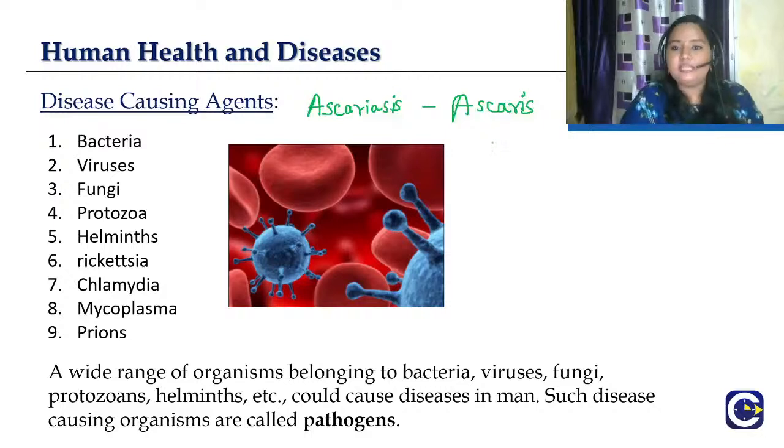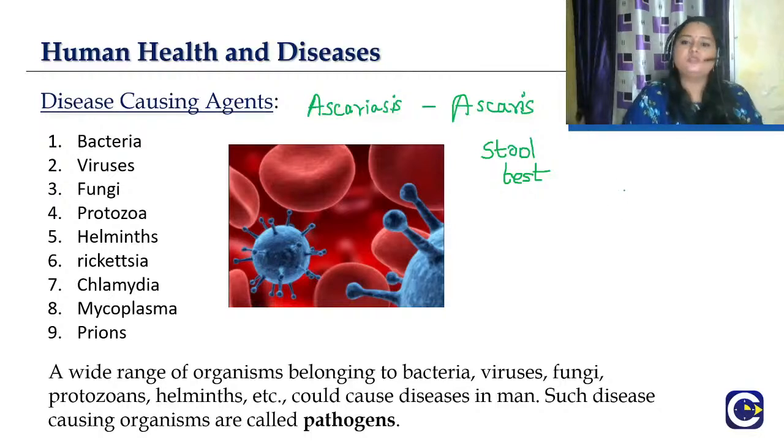We take the stool test. Since it is residing inside our small intestine, it comes out through the anal opening when passing the stool. So we take a stool sample and we check for the presence of Ascaris.